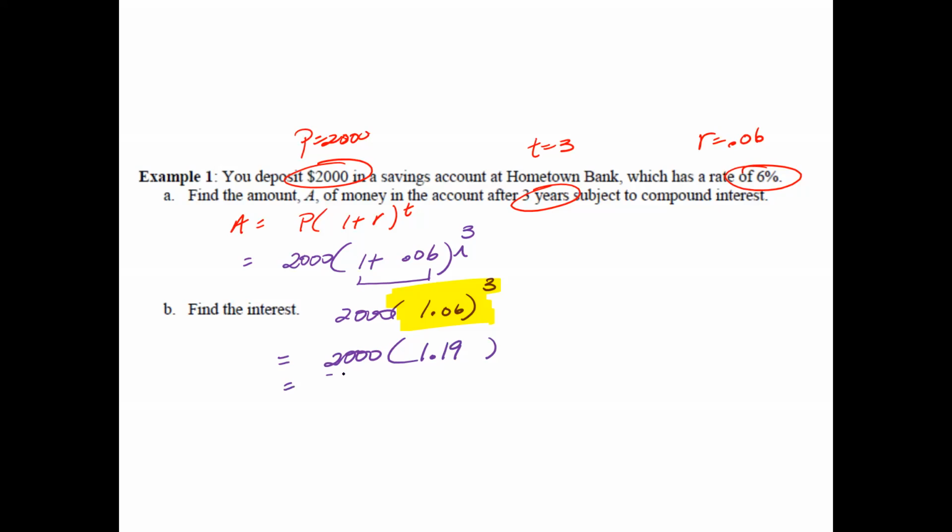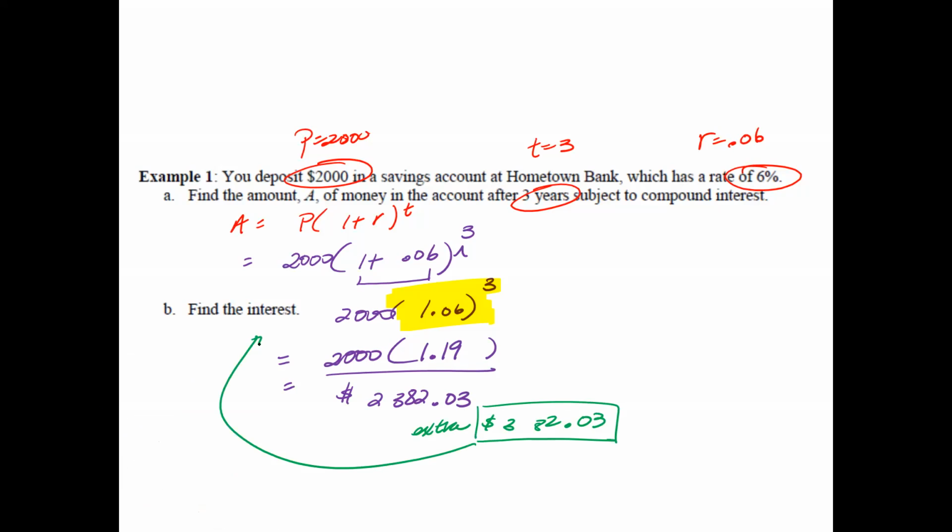And then lastly, when you multiply these together with a 2,000, you should have 2,382.03, which means you're paying an extra $382.03. And this is your interest.